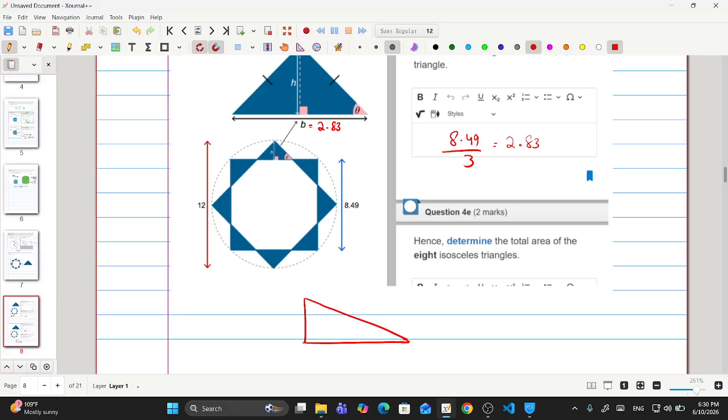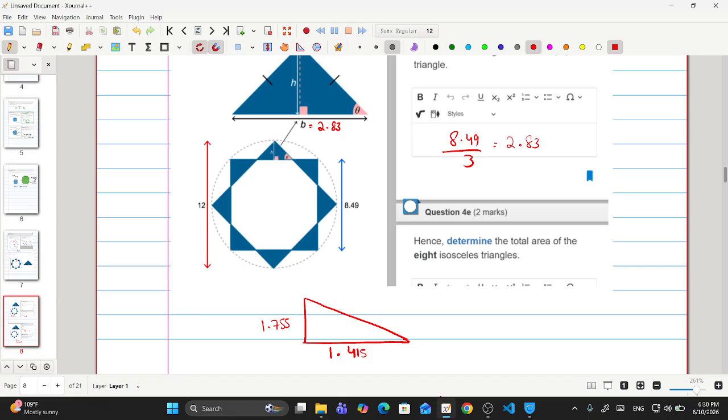If you were to divide 2.83 by 2, you would get 1.415, right? And the value of h, I think, was 1.755, right?